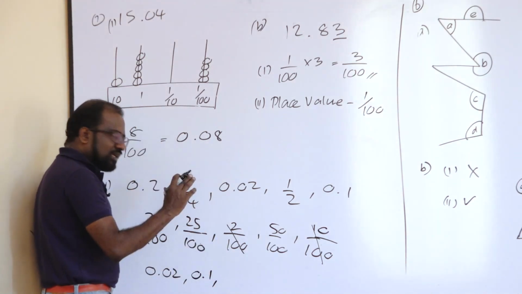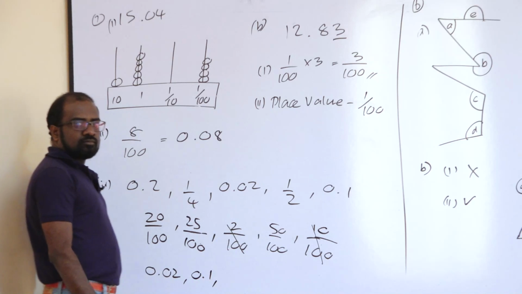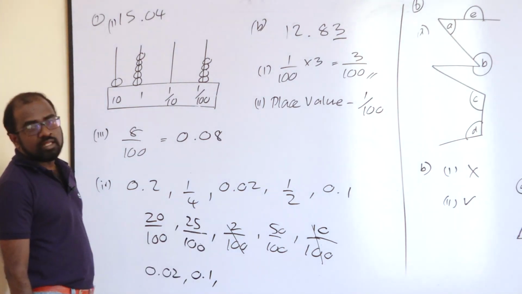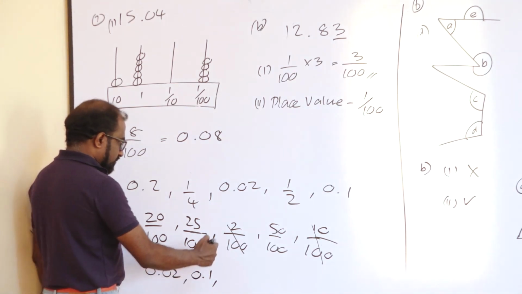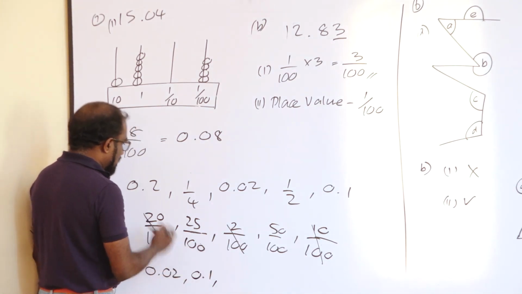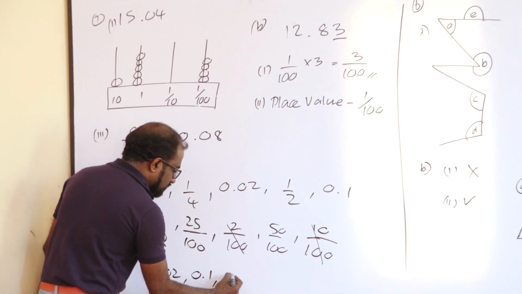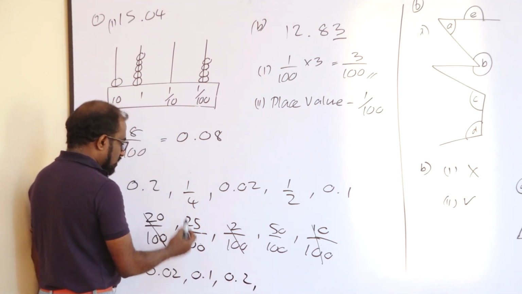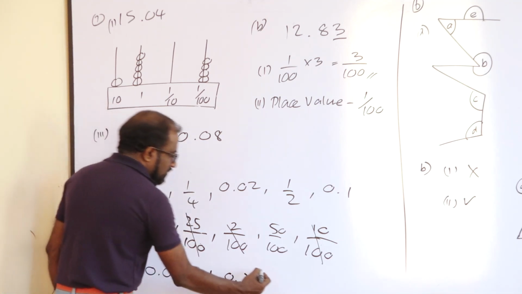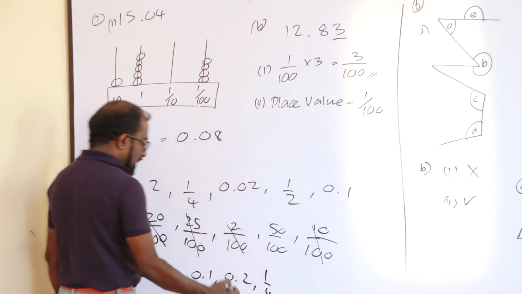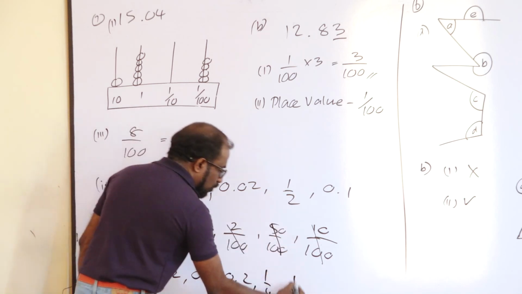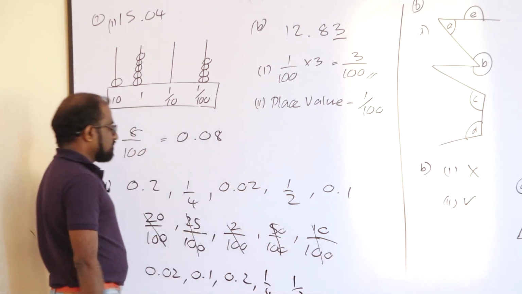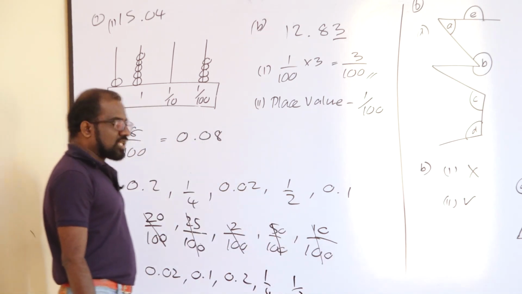The answer must be written using the numbers given, not the converted ones. Next, 20/100, that is 0.2. Next, 25/100, that is 1/4. And the largest, 50/100, that is 1/2. That's how you write them in ascending order.